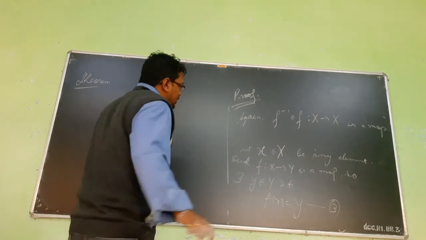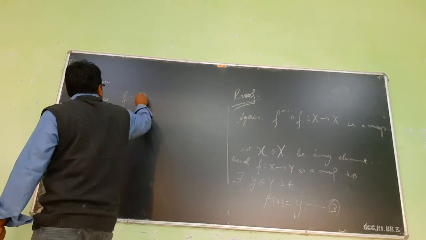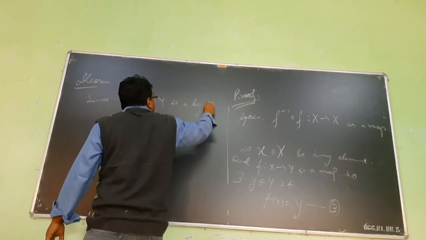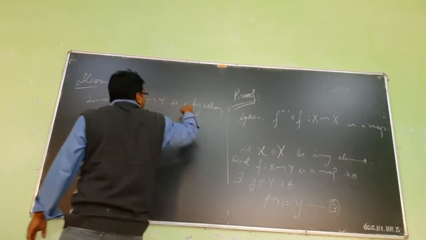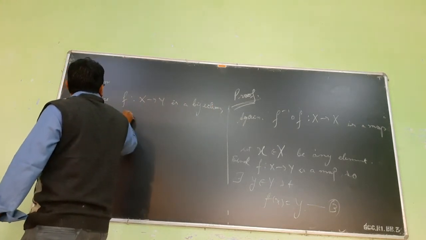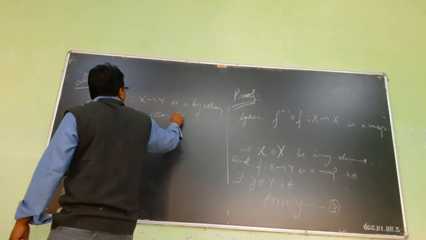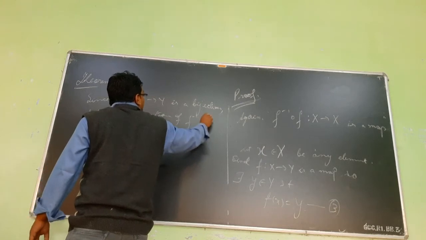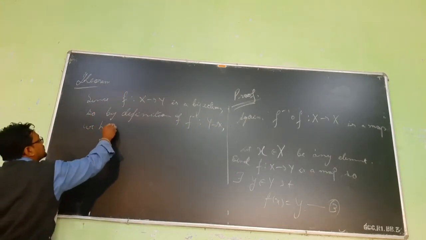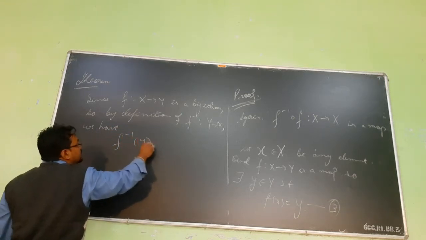Okay. So again, since f from X to Y is a bijection, I will use that bijection here. So by definition of inverse, by definition of f inverse from Y to X, we have f inverse of y should be equal to x.